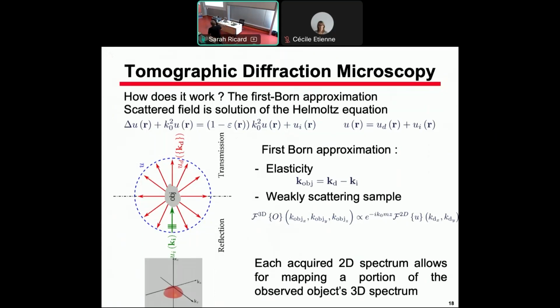So in 2D, these are circles, in 3D, these are caps of spheres. Not the complete sphere, because in transmission, I measure a half cap of sphere here, and in reflection, that one. I will only speak about transmission. And because the objectives are technically limited to something like 70 degrees, it's a cap of sphere, not a half sphere.